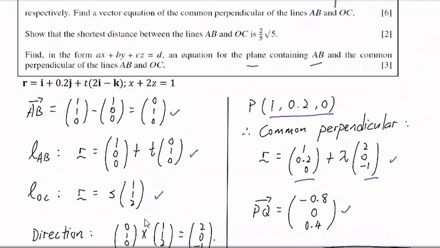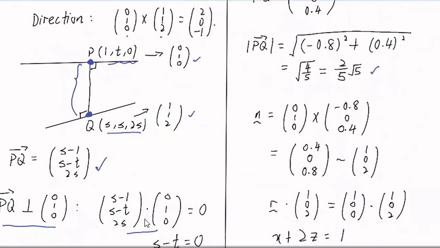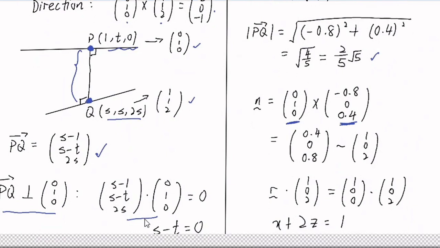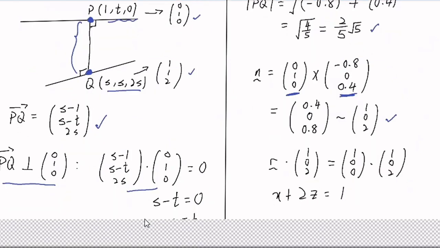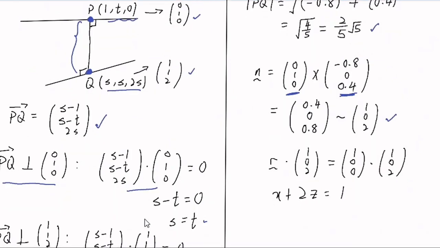To find the normal of the plane, we use the direction of AB and the direction of our common perpendicular. You can get a normal for that, which is (1, 0, 2). What we know is that we can use r · n = a · n, where n is, of course, the (1, 0, 2) that we have just found.